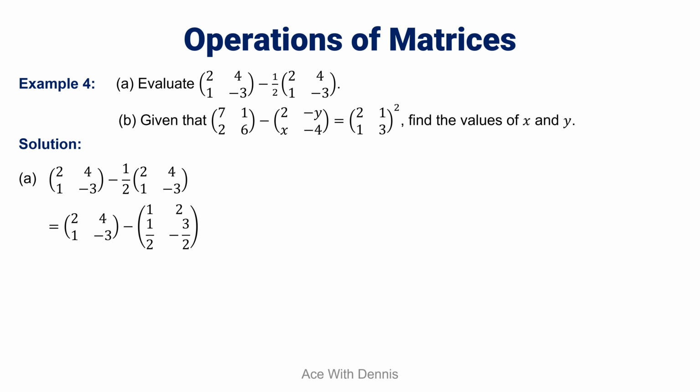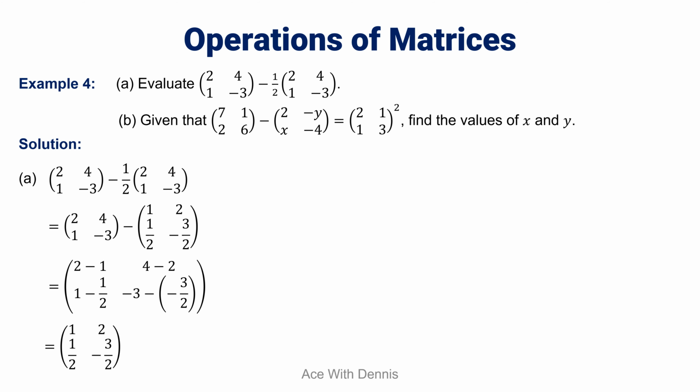Since this is an operation of minus, we can subtract the corresponding elements. So it will be matrix [2 minus 1, 4 minus 2; 1 minus half, -3 minus (-3 over 2)]. Then we calculate everything together. We have [1, 2; half, -3 over 2].